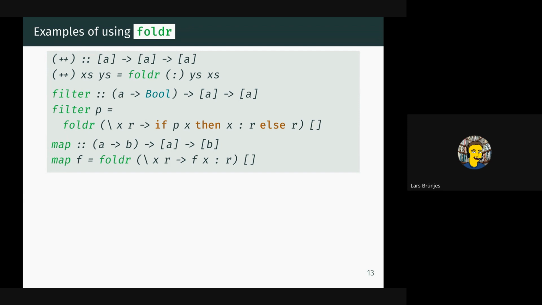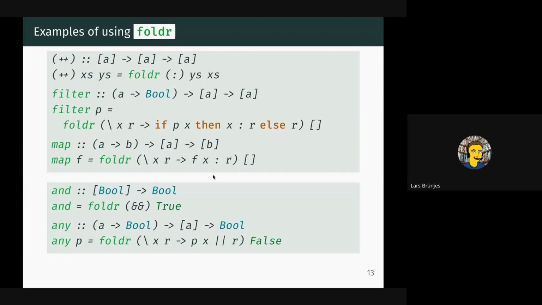But by using foldr, you make that explicit, which can also make it easier for people to understand your code. So it's not completely clear. In this case, for example, for filter, I would argue this is more complicated than just writing down the equations.